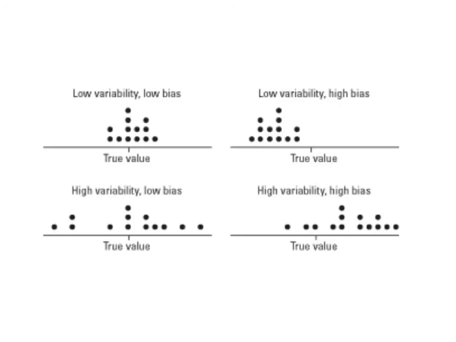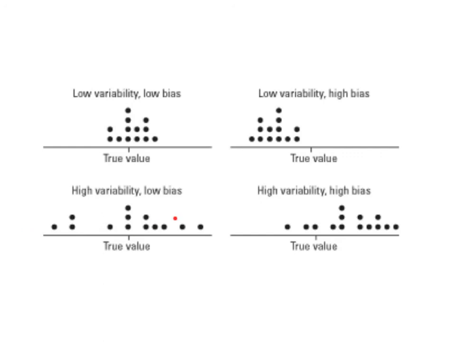Here's again an image to show you low variability and low bias. So if you're looking at a sampling distribution, like we did with the jelly blubbers, this is looking great. Here's your true value, low variability, low bias, because it's centered around the true parameter. This one has low variability, but it's missing the mark.